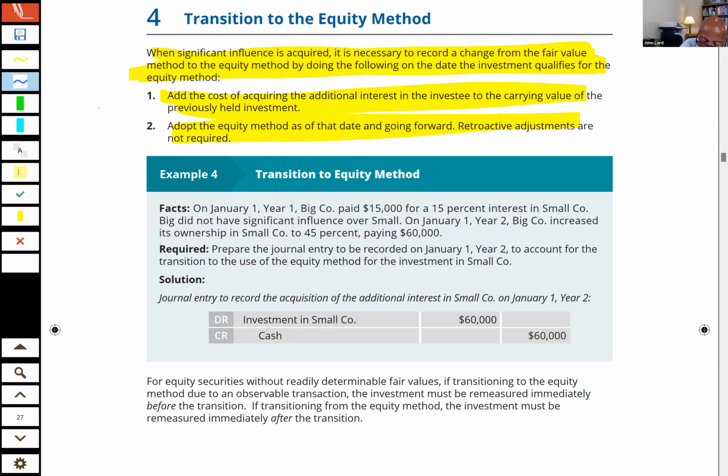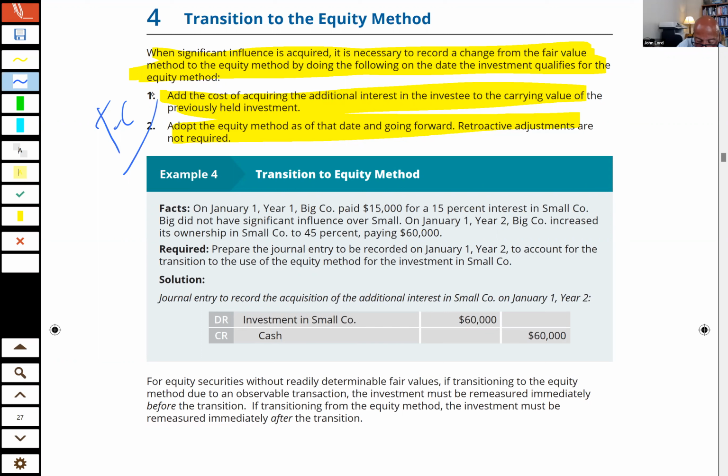There is no retroactive treatment. So this is not treated as a change in accounting principle because the standards told us we don't have to. If you have a new FASB and the standards tell you you don't have to treat that as a cumulative effect change in accounting principle, then you don't have to. You use the new method prospectively.